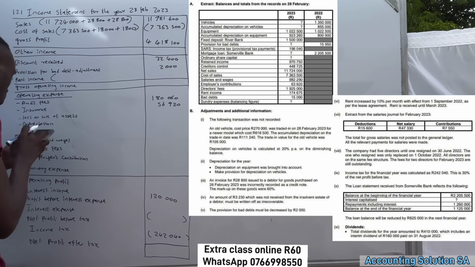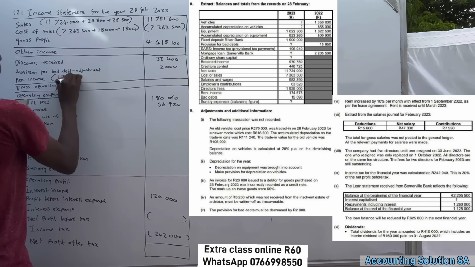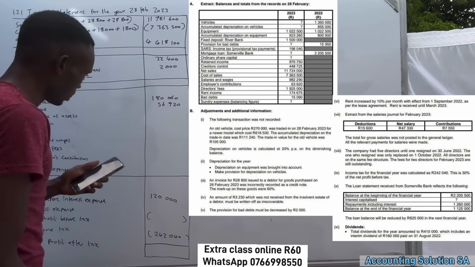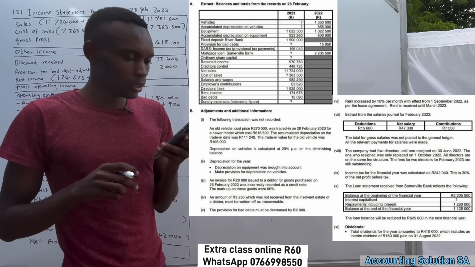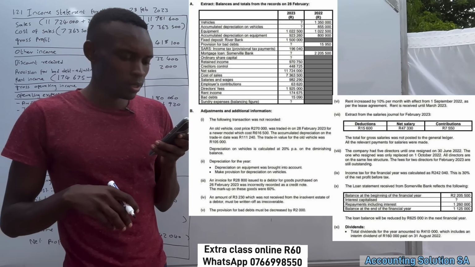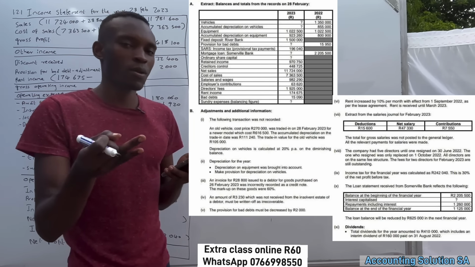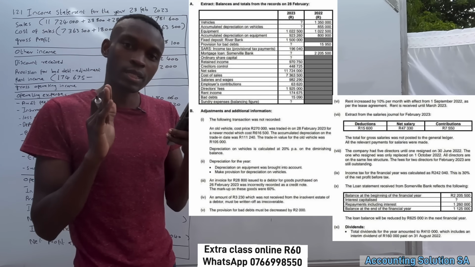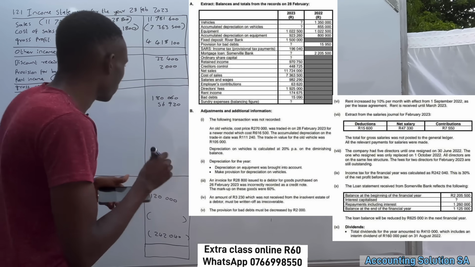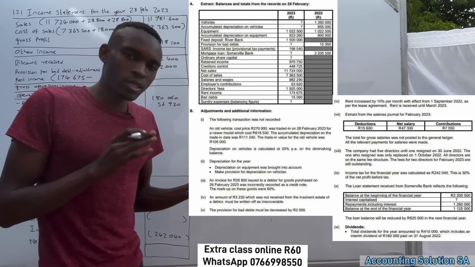So the amount of rent that we are given is 174,675. We need to subtract that 1 month. How are we going to do it? Let's first check: this rent has increased from when? From 1 September. September, October, November, December, January, February. 7 months of increase. Then before the increase, how many months?